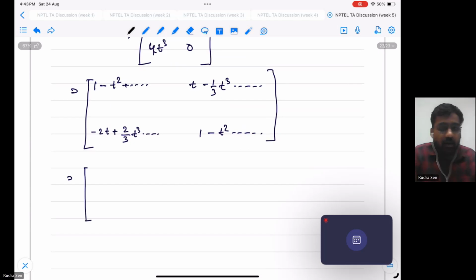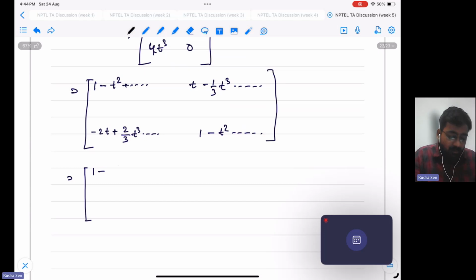So now what we can do? You can see that this is basically a cosine series. So how will we see that?